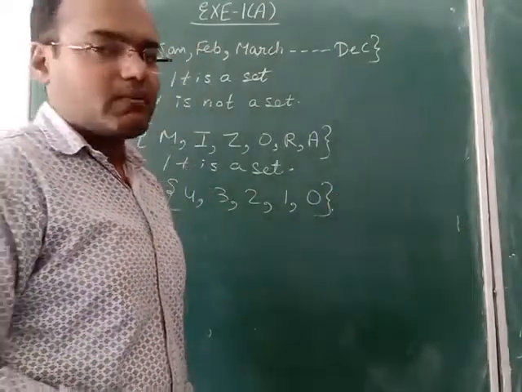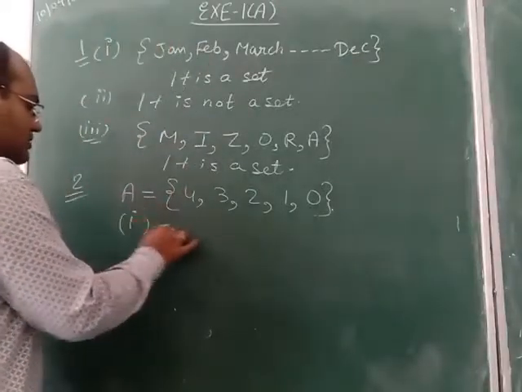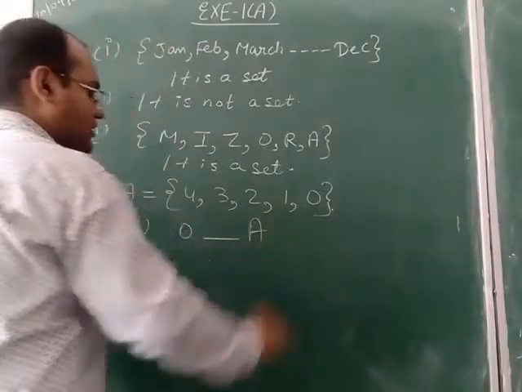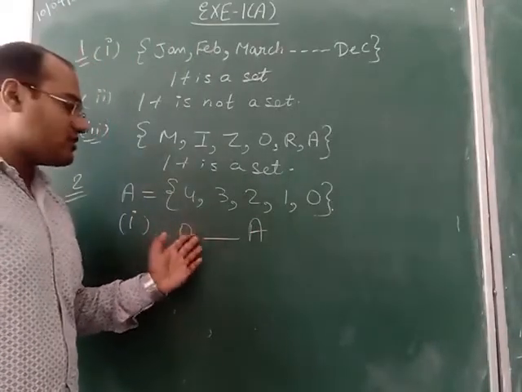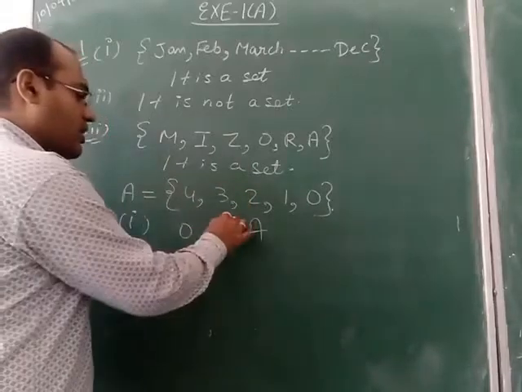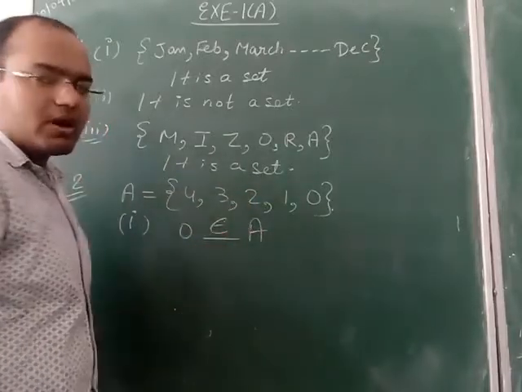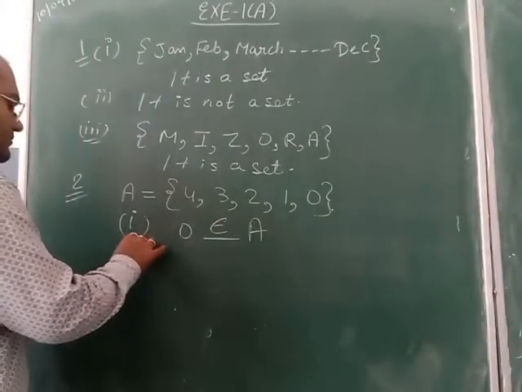Now we have to fill in the blanks with belongs to and does not belong to. First part: 0 and A. First of all you check whether 0 is coming in this set A or not. 0 is here, so we will write belongs to. This is the sign of belongs to.